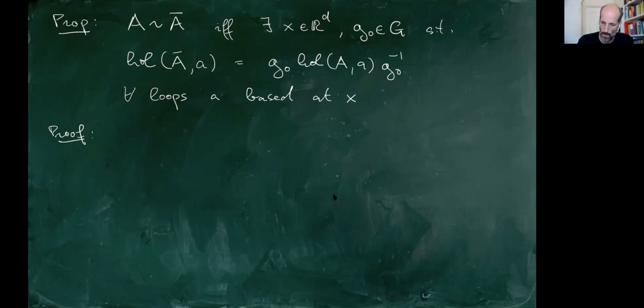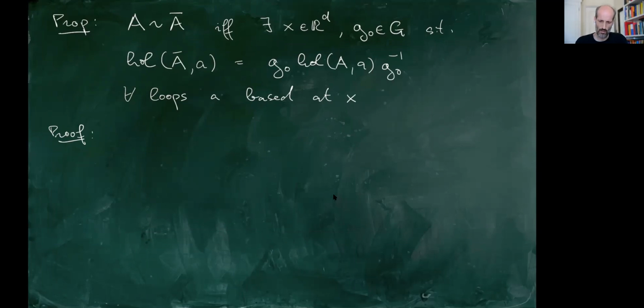In one direction, this is obvious. We've already seen that if A is equivalent to A bar, then... wait a second, is this the correct statement?